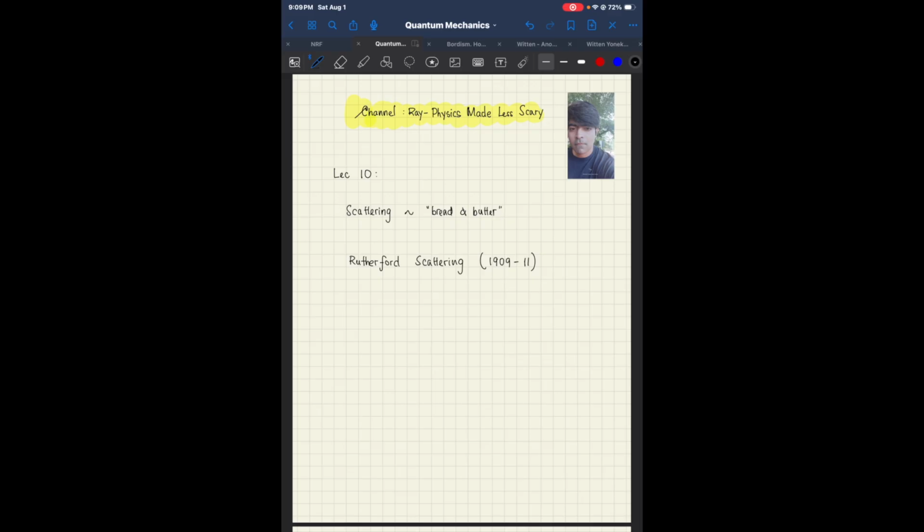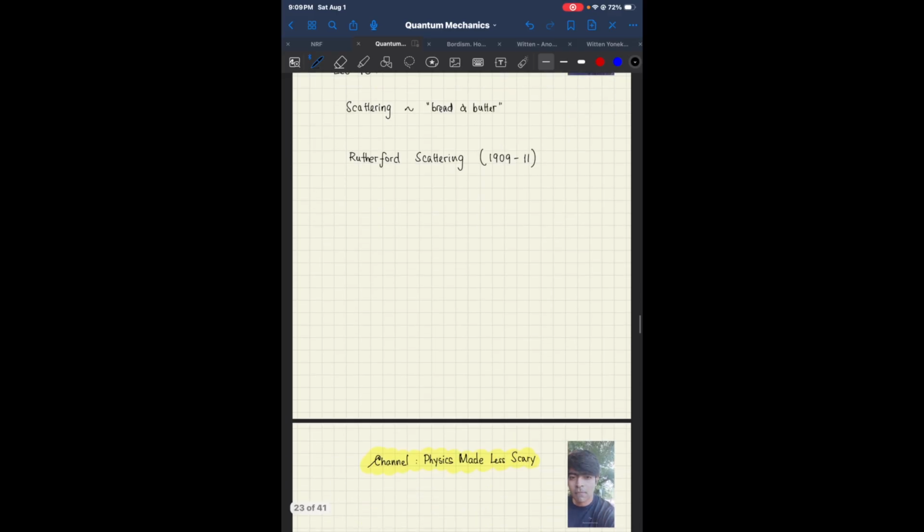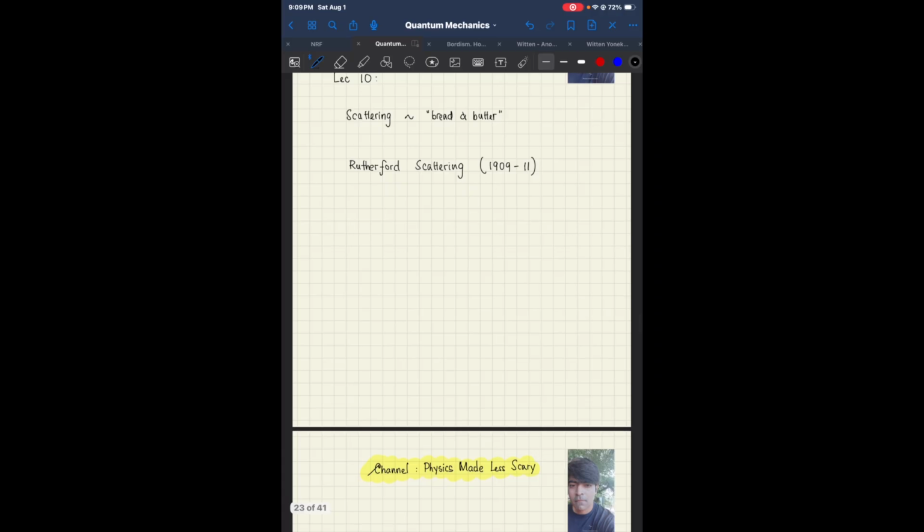So what is scattering? What did Mr. Rutherford do? Back in those days, he didn't have access to too much technology, so he did something very nice, and that's the very heart of what scattering is.